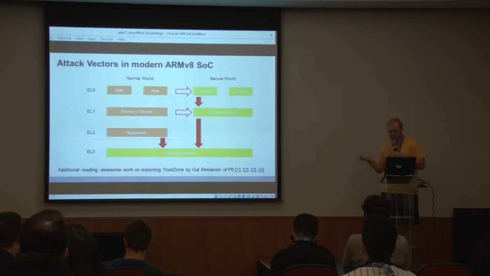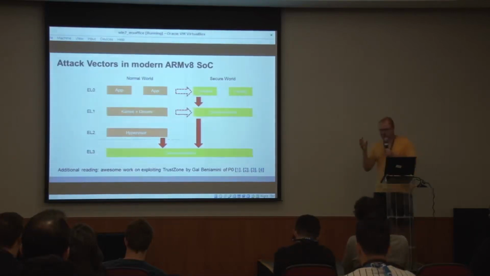And there was interesting research published this year, which basically allows you to load a vulnerable trustlet inside the secure world. What this allows you to do as an attacker: when the vendor releases an update for the trustlet, you take the vulnerable trustlet and load it into the secure world.